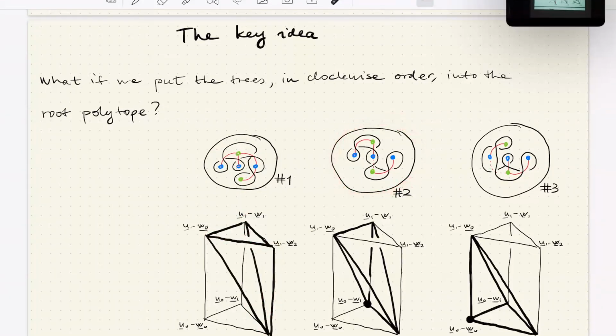So there, this is not a vertex anymore because this edge is gone. Instead of that, I have this new edge. So that's the bottom middle vertex, this one here. And it's again a tetrahedron, but now it's like this one. And the third tree also becomes a tetrahedron, the same way.